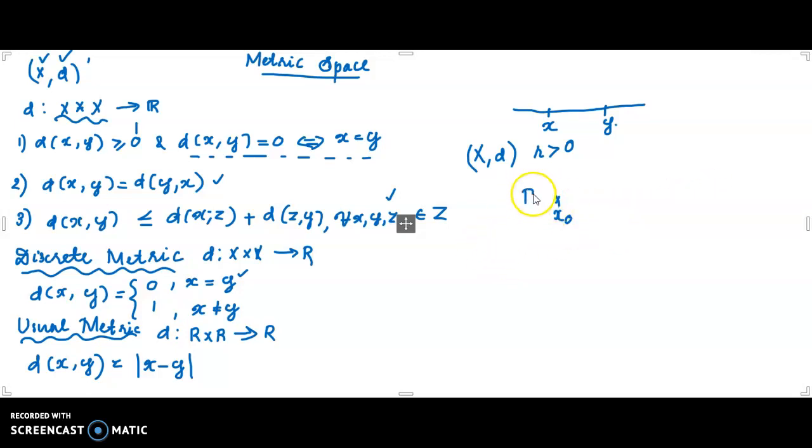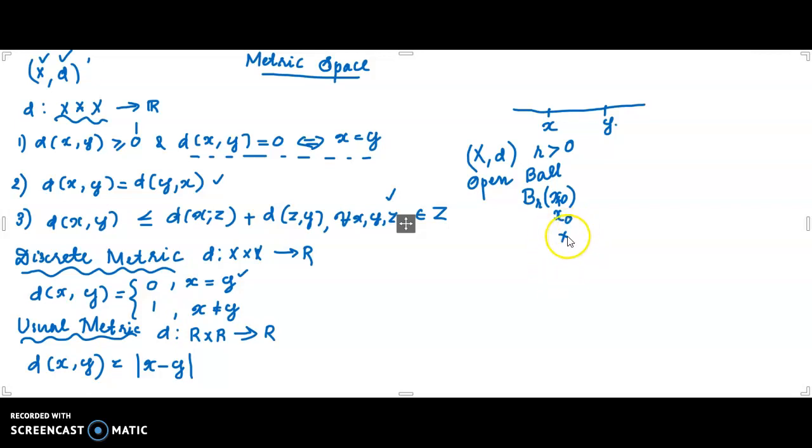Therefore, specifying the center and radius, we can write it as B_r(x0). The open ball with the center x0 and radius r is denoted by B_r(x0). If we have the point x0 here in the space, it contains all points of capital X whose distance from x0 is strictly less than r.